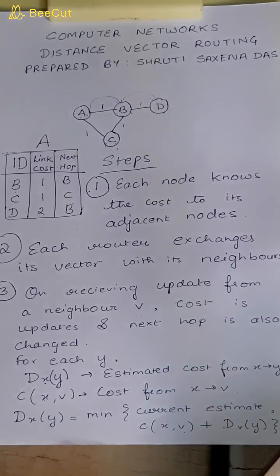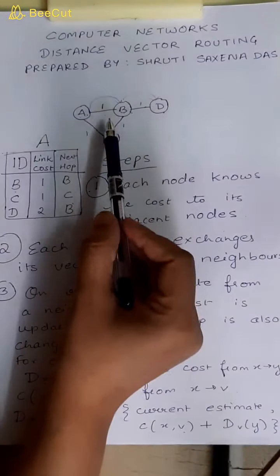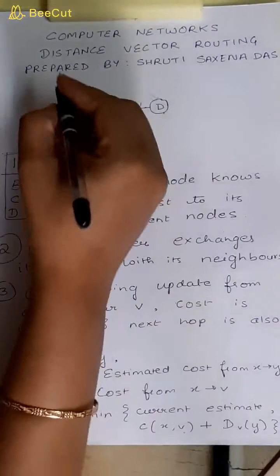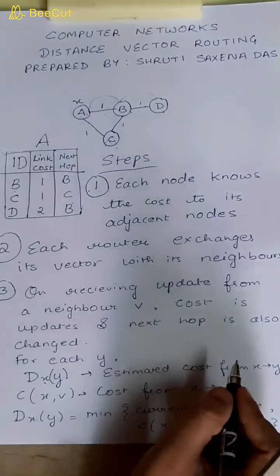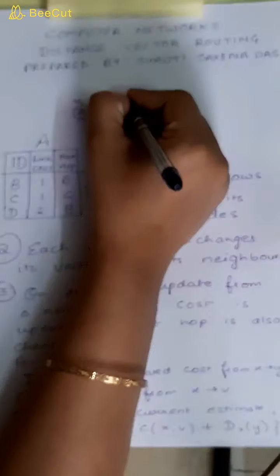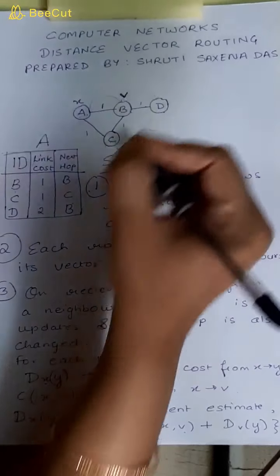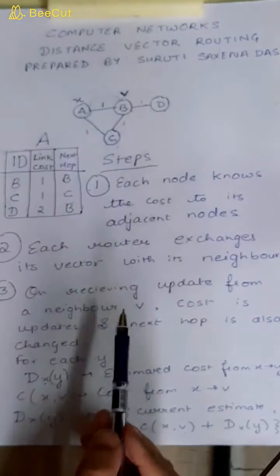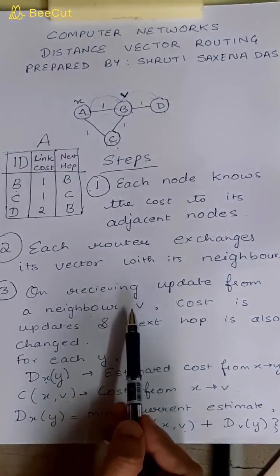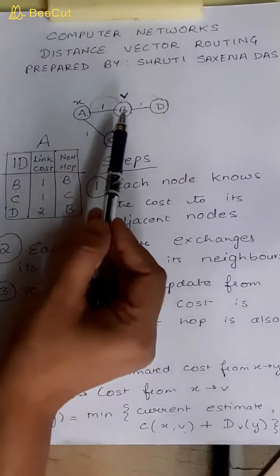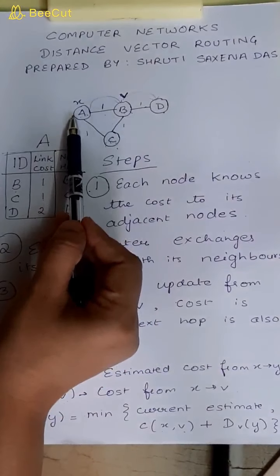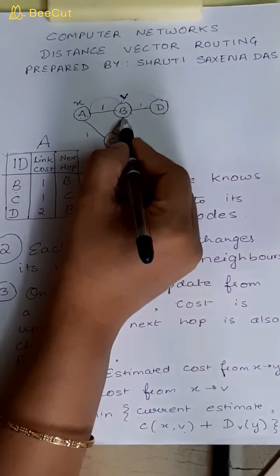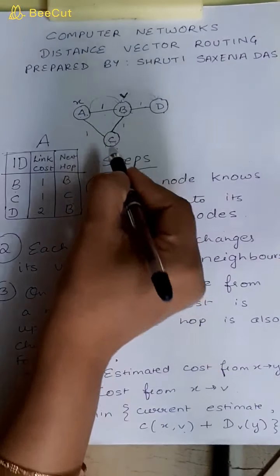What does it mean? Suppose we take the same network which is available. In this case, suppose A is x and the neighbor is v, so we take b as the neighbor. If v is sending its own table to a, it will check for c. There is one more router c.